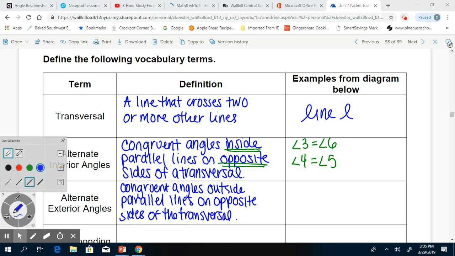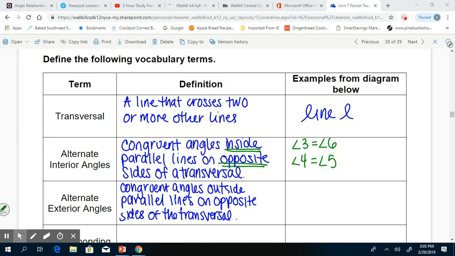Again, keywords in that definition that can be related back to the actual vocabulary term are outside and opposite. So alternate exterior is like saying outside and opposite.